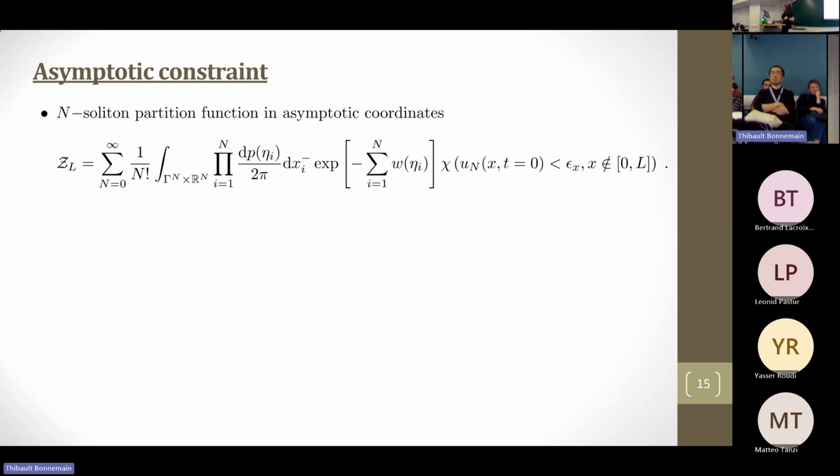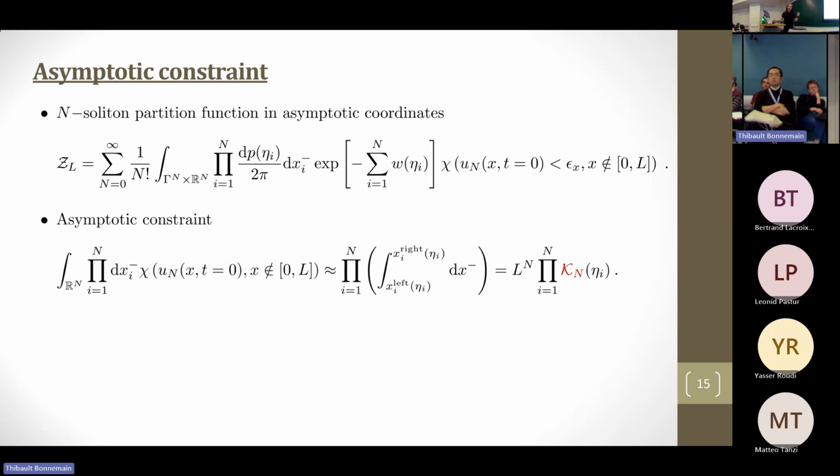Right, so now let me go back to my partition function, which I have written here once again. As I said, the main problem is how to compute this constraint, but my previous construction gives you a way to do so.